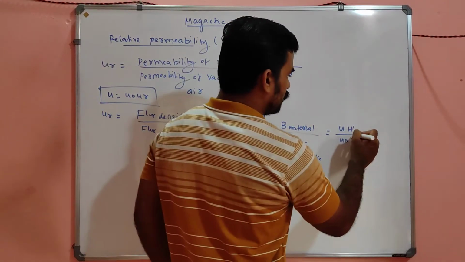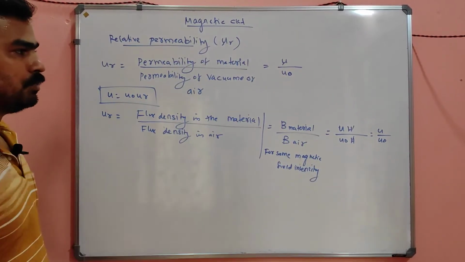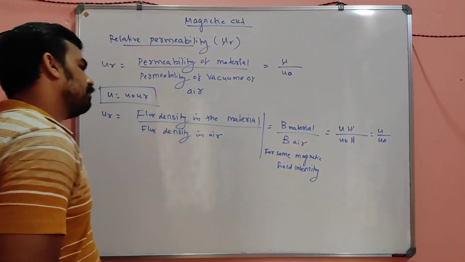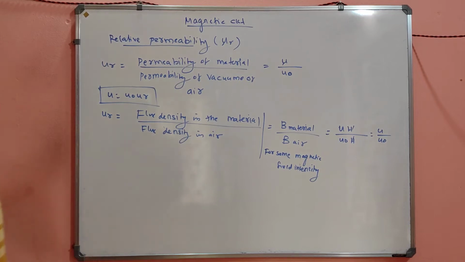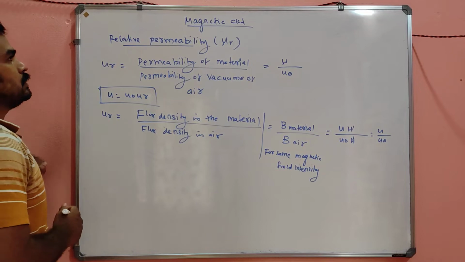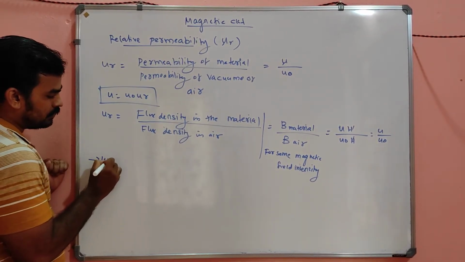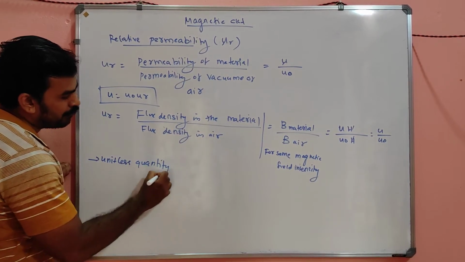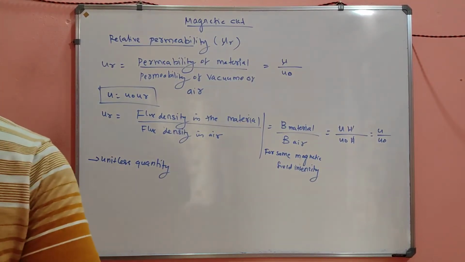So H and H cancel, leaving simply mu divided by mu 0. So mu r is equal to mu divided by mu 0. This is another relation for relative permeability, and it is a unitless quantity.